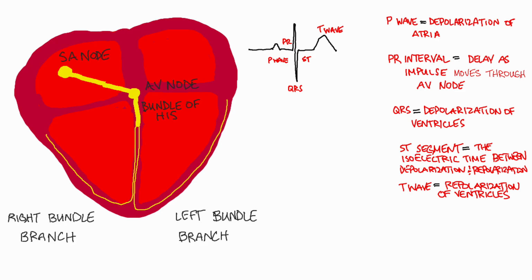The ST segment, which is going to be really important here, is usually isoelectric or a flat line. It is the time between the depolarization and the repolarization of the myocardium. The T wave represents the repolarization of the ventricles.